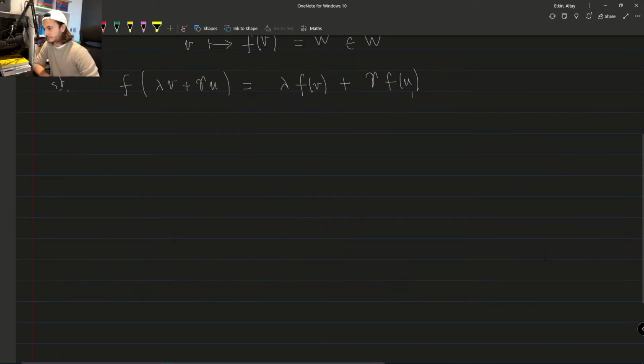Now remember, here there is an ambiguity in the addition and multiplication.